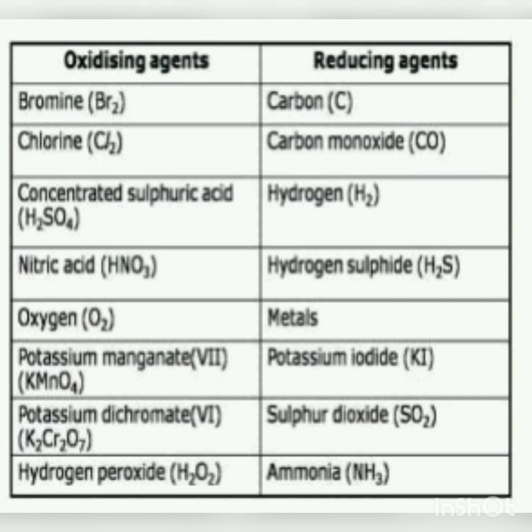Examples of oxidizing agents are oxygen, ozone, chlorine, bromine, potassium permanganate, sulfuric acid, nitric acid, hydrogen peroxide. And examples of reducing agents are hydrogen, hydrogen sulfide, carbon, sulfur dioxide, etc. So, hydrogen is a reducing agent.